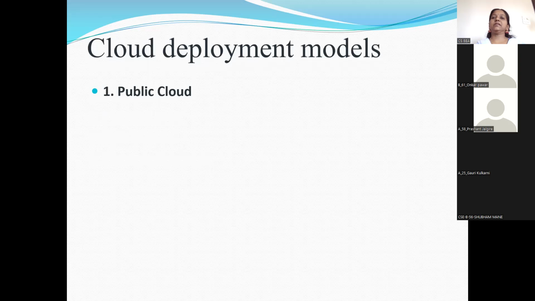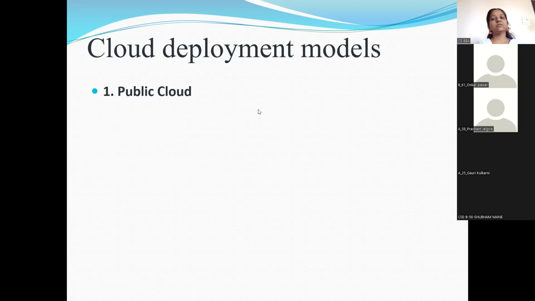We will see the first one, our public cloud. So what is included in the public cloud? The public cloud makes it possible for anybody to access the systems and the services. The public cloud may be less secure as it is open for everyone. So definitely security will be one of the concerns here.